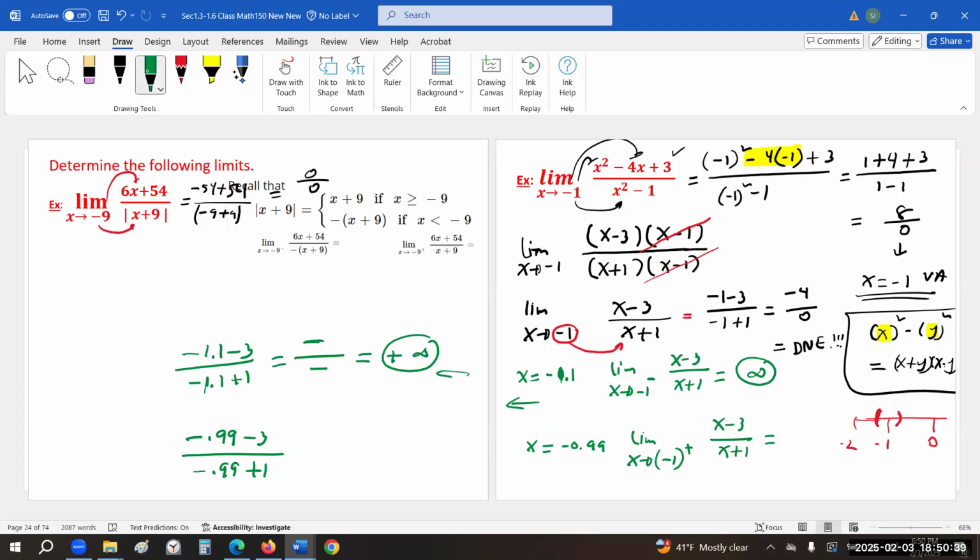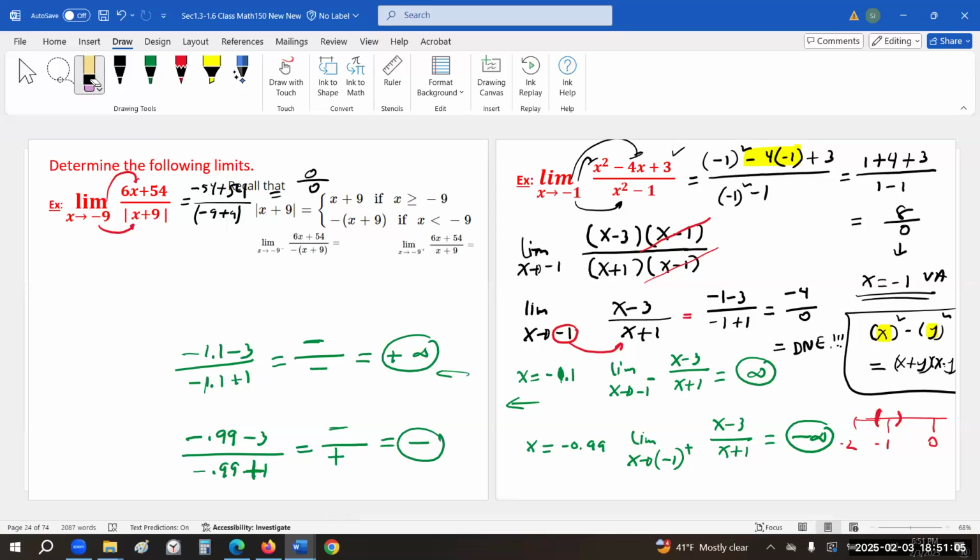So our left side limit is positive infinity. How do I know? Because it's a vertical asymptote, and a vertical asymptote always gives us infinity as a limit, not a number. Now on the right side limit, negative, negative, we still have a negative because we're adding two negatives. On the bottom, 1 is bigger, but it has a plus sign, so it's plus. So we get a minus, which means minus infinity.